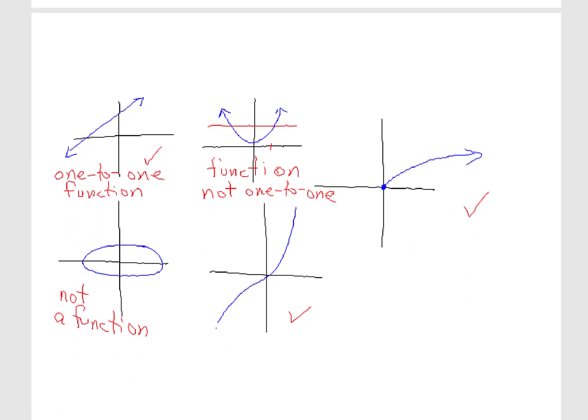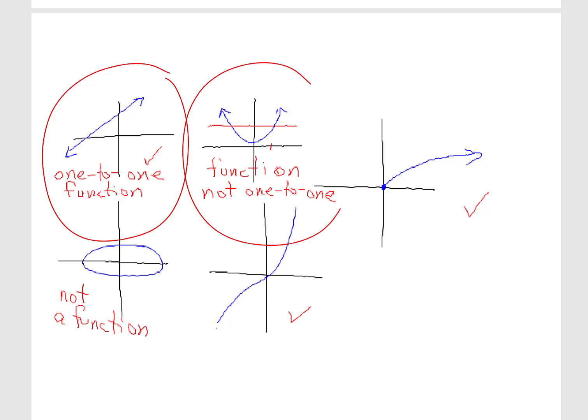Okay, so this first one, if I was to take a vertical line across from left to right, it would pass the vertical line test. It would be a function. And then if I took a horizontal line, I could swipe it downward on the graph or upward. And at no point would I be touching more than 1 point on the graph, right? So it would also be one-to-one. So that one would be a one-to-one function.